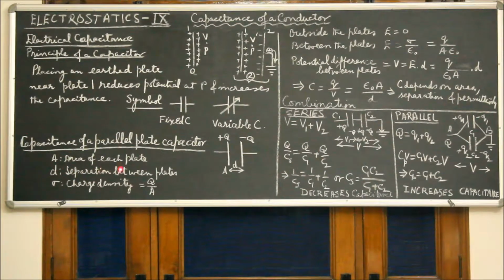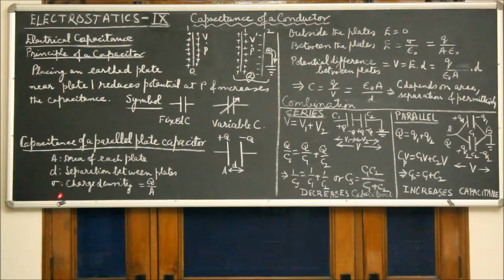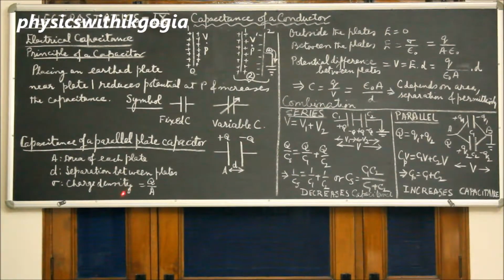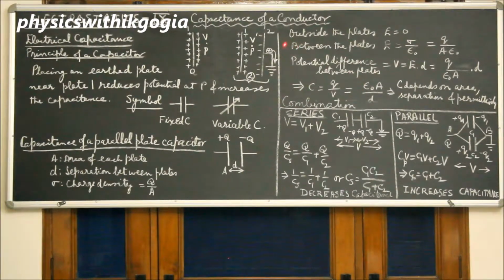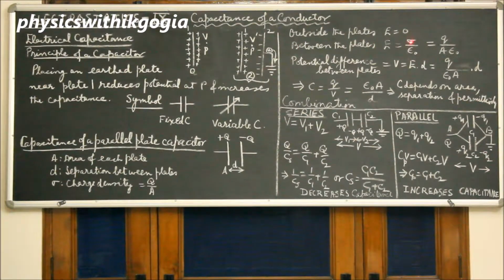A here denotes the area of each plate, D the separation between the plates, and sigma the surface charge density. The charge over area is plus sigma for the first plate and equal to minus sigma for the second plate. Now we can analyze the field. Outside the plates, the field is 0.